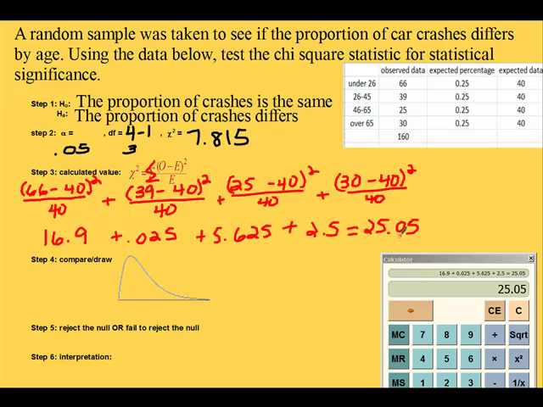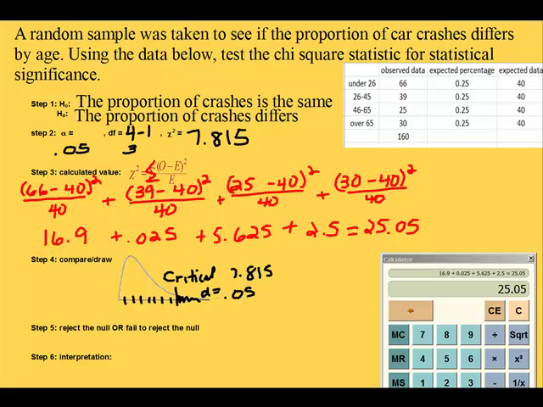So in my picture I want to compare them. My critical value was 7.815. This means that about 5%, the alpha value, is shaded for the rejection region.